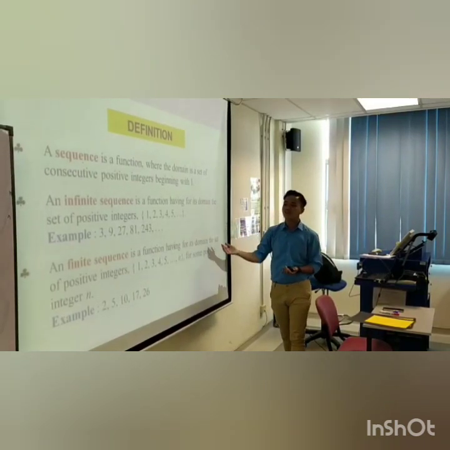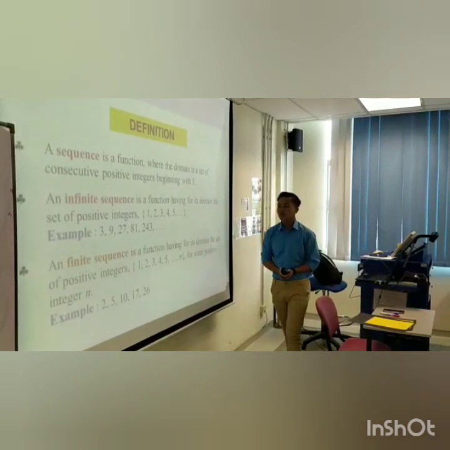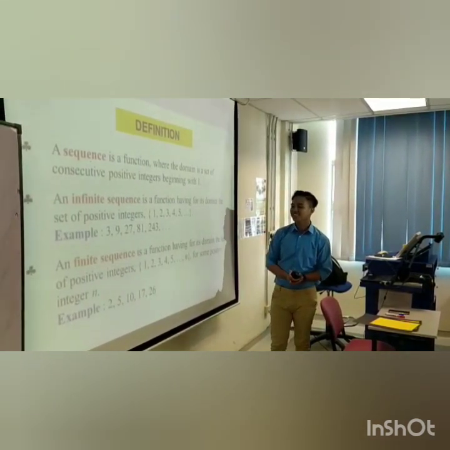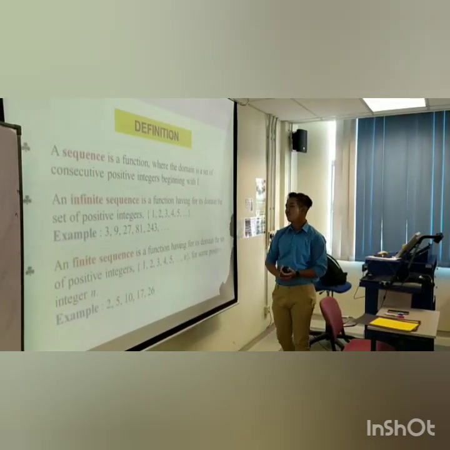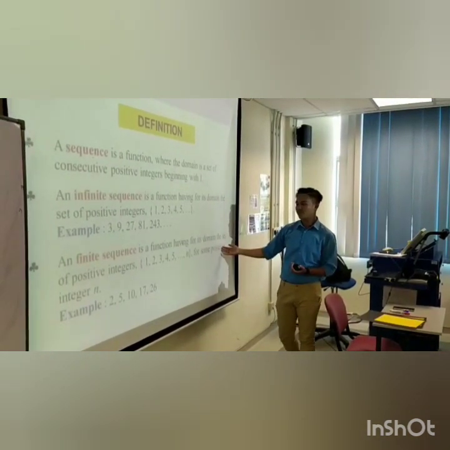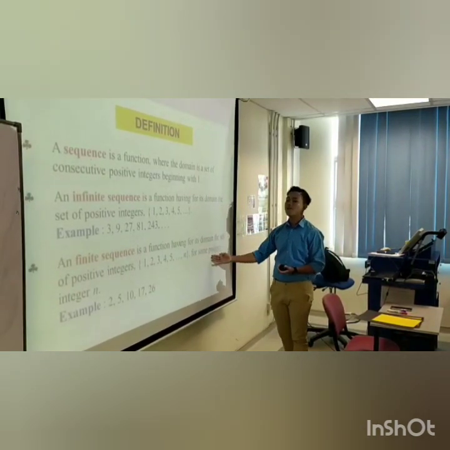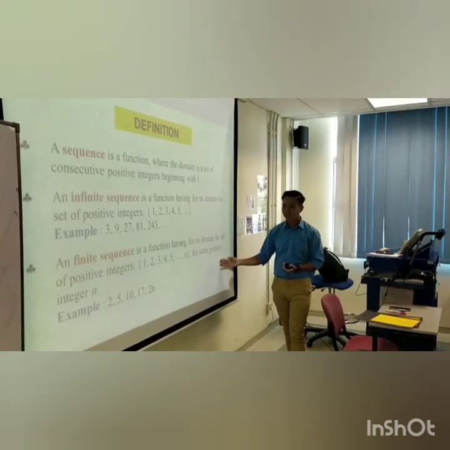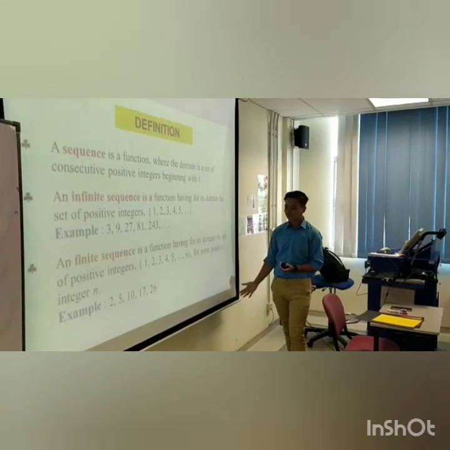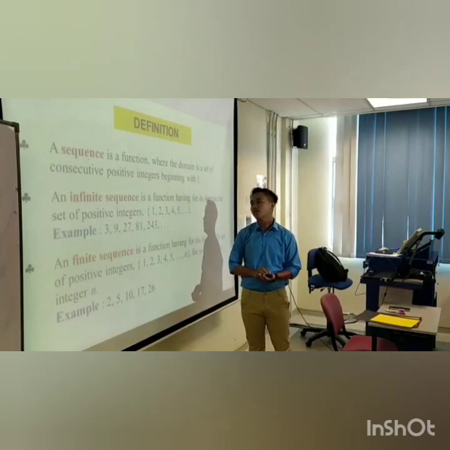Example: 3, 9, 27, 81. Also, a finite sequence is a function having for its domain the set of positive integers 1, 2, 3, 4, 5 until n for some positive integer n. So it must always be positive. Example: 2, 5, 10, 17, and 26.